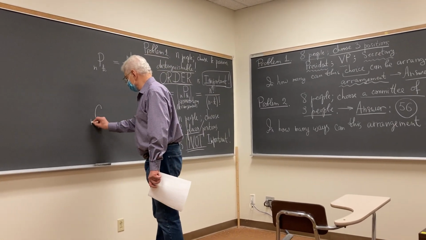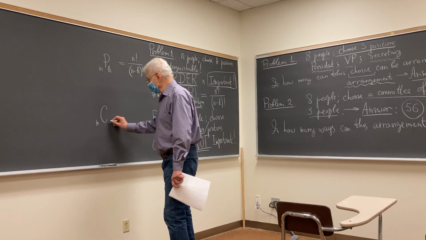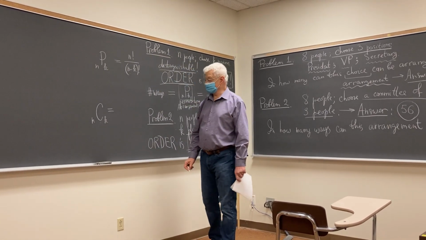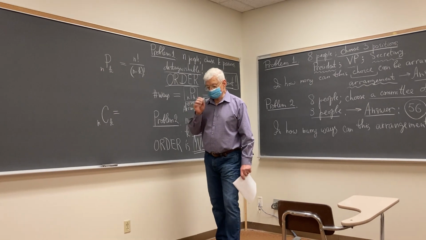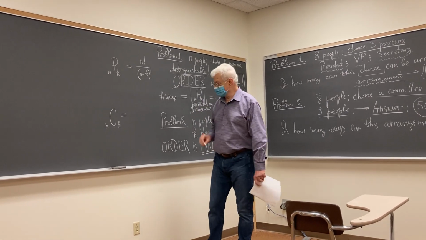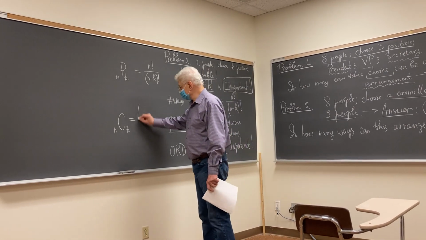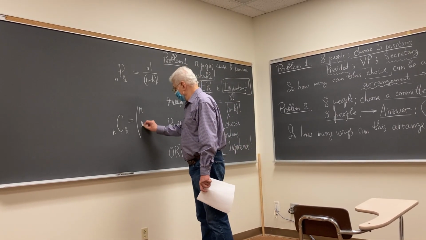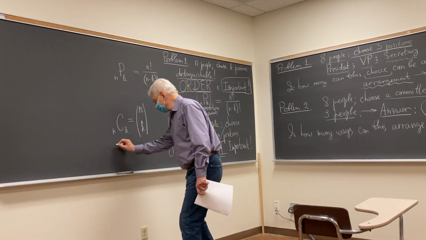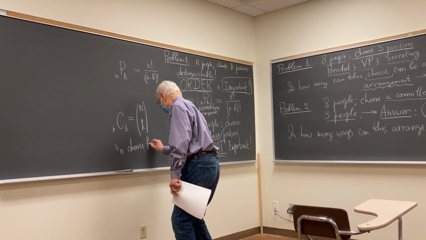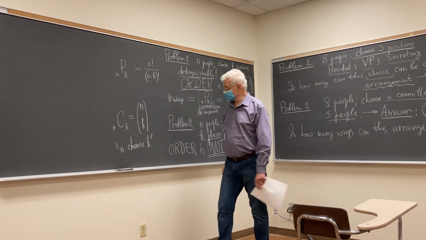And we know it as C, like choice, and K, but also the standard notation, which is written in very small letters in your book, in the footnote. This is the same: N choose K. So that is this number.